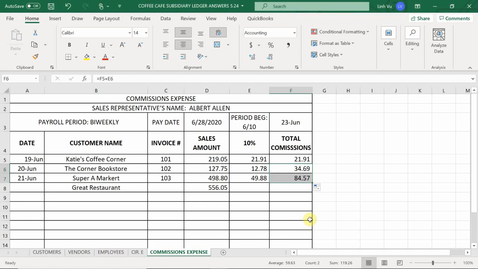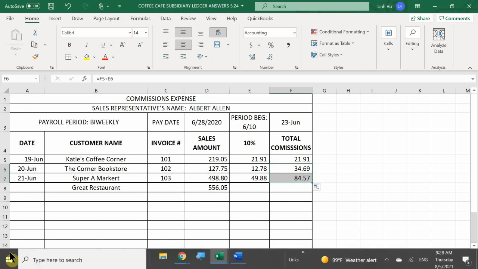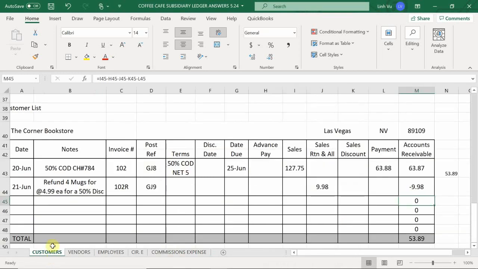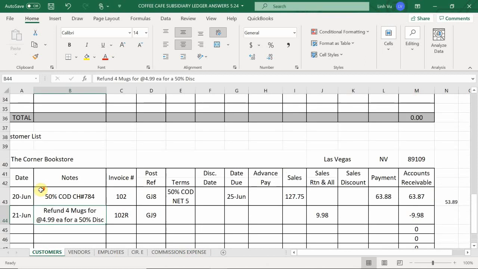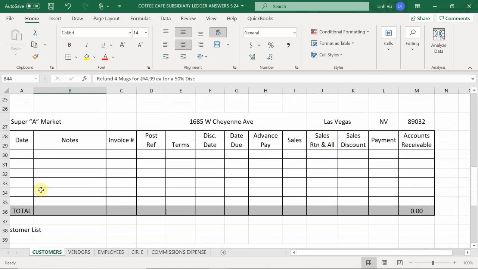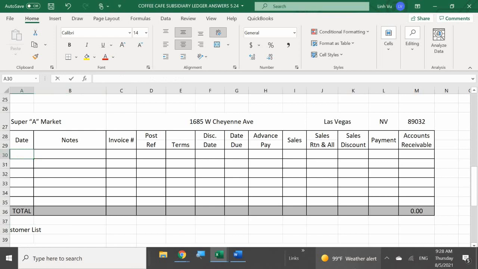And then now we go to the customers tab, to Super A Market. Sold coffee and mugs.